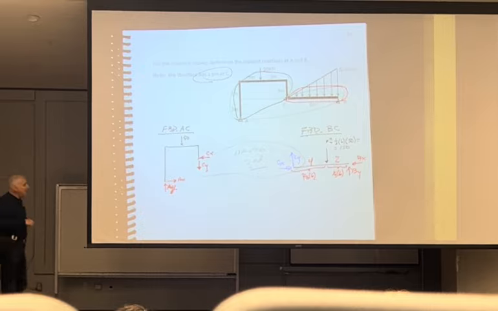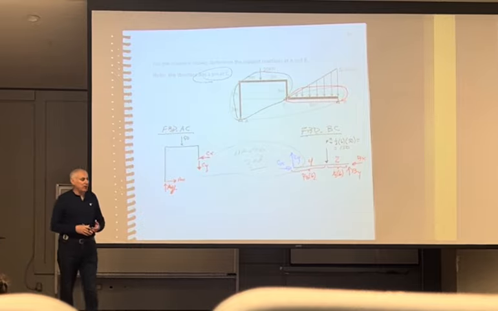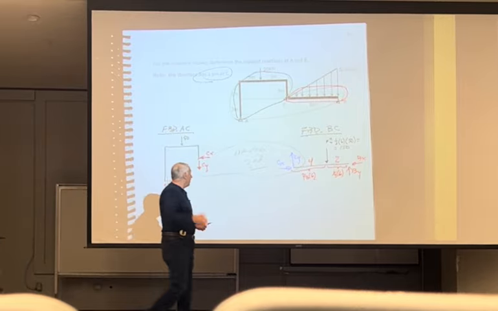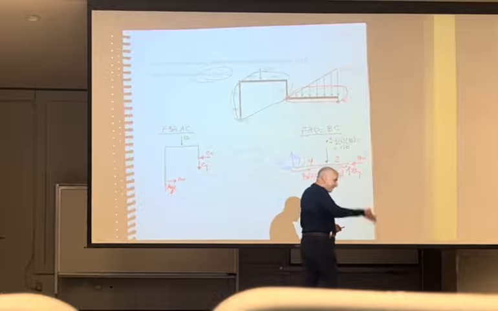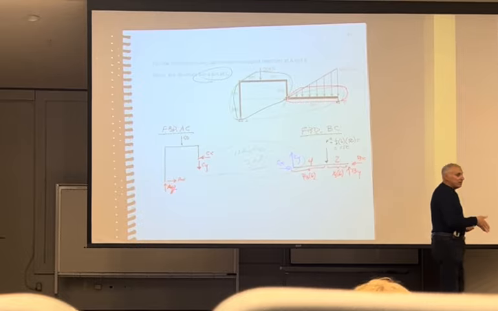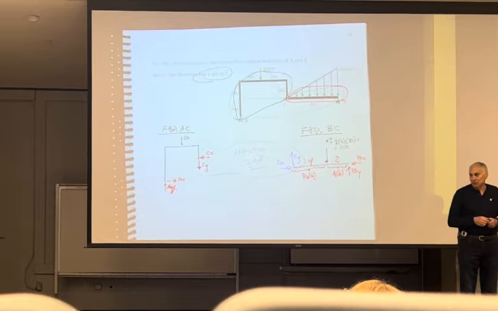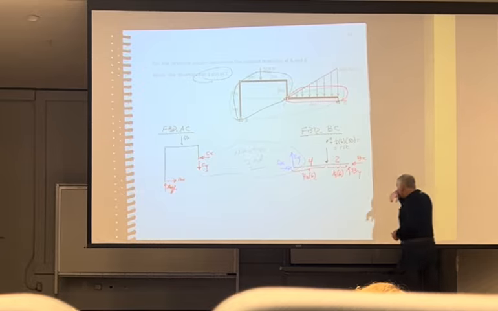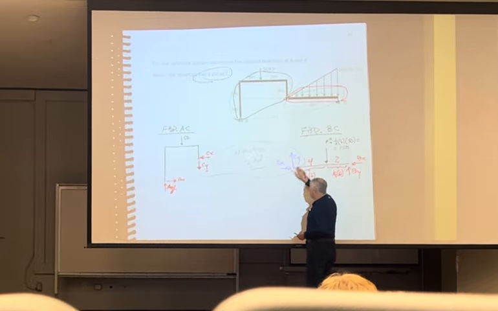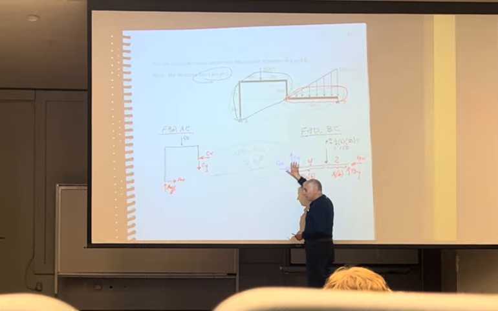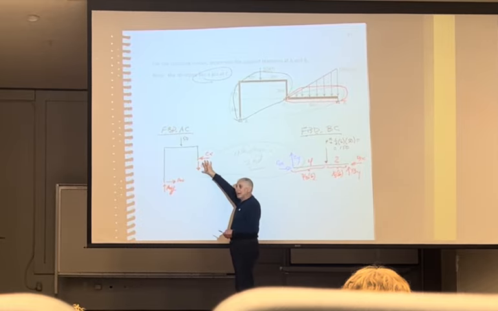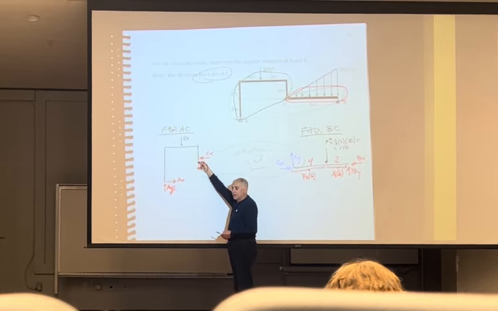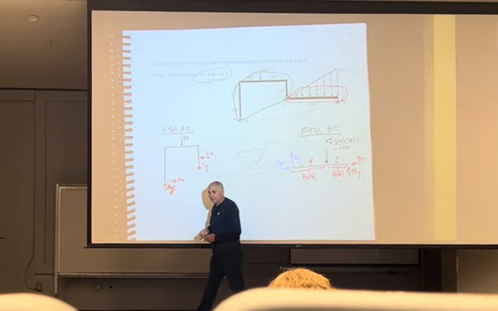I cannot arbitrarily put CX, CY on member BC. It is dictated by the free body diagram, by Newton's third law. So if I started here and put CX, CY this way, this would now be dictated by Newton's third law as going CX that way and CY that way.